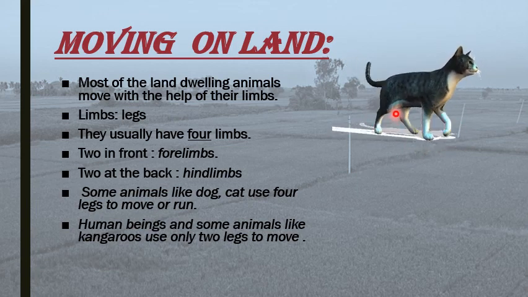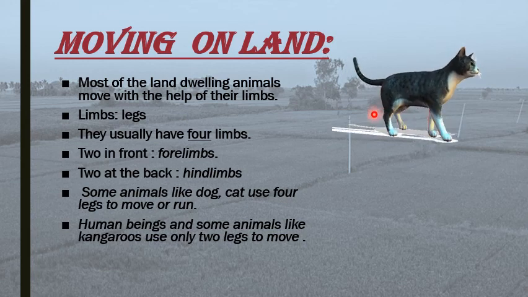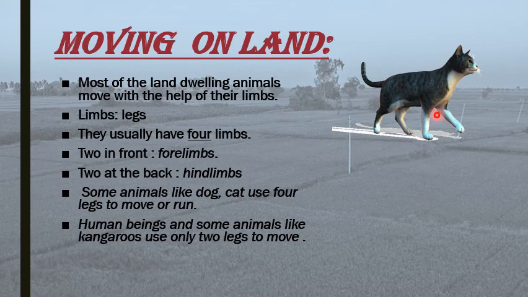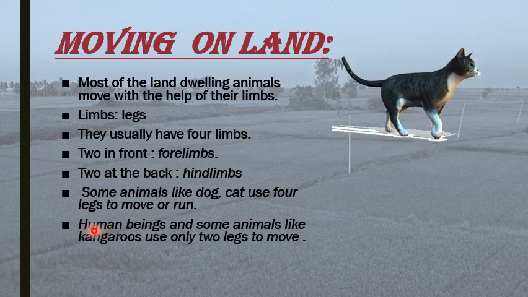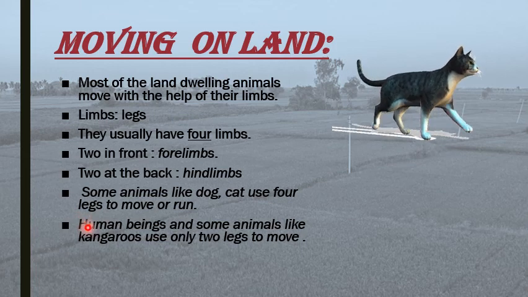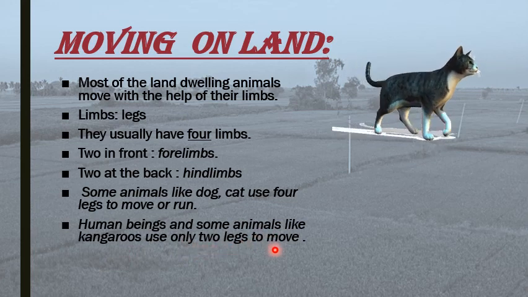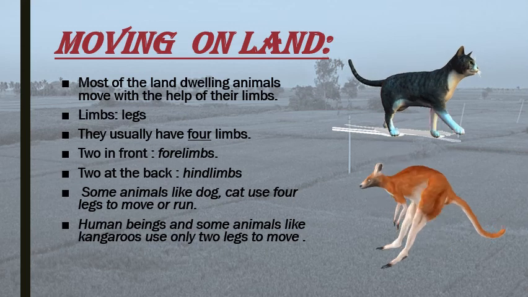But for walking and running or for moving from one place to another, these kind of animals use all of its four legs or limbs. But on the other hand, we can see that human beings and some animals like kangaroos use only two limbs to move or two legs to move. How? Look at here.